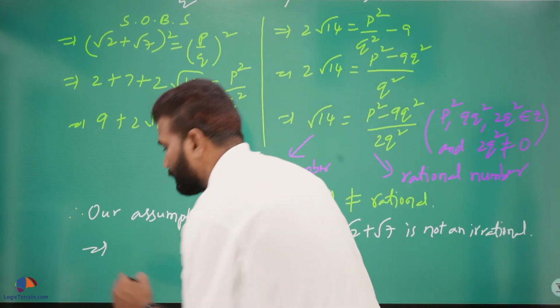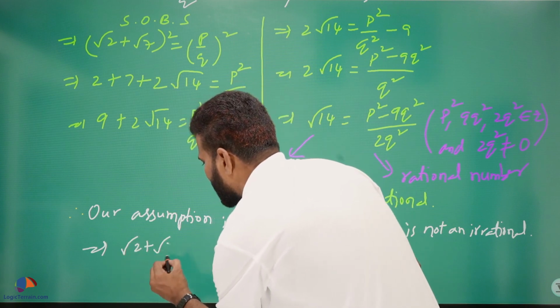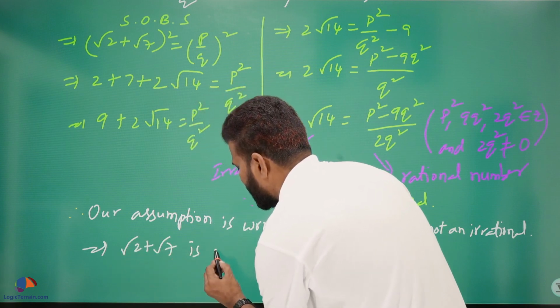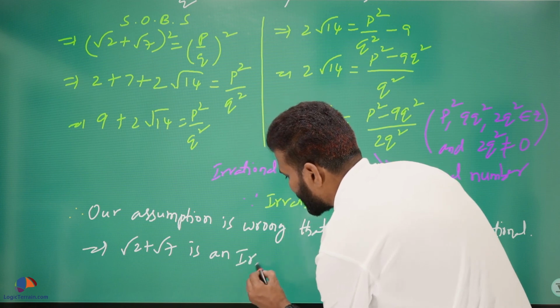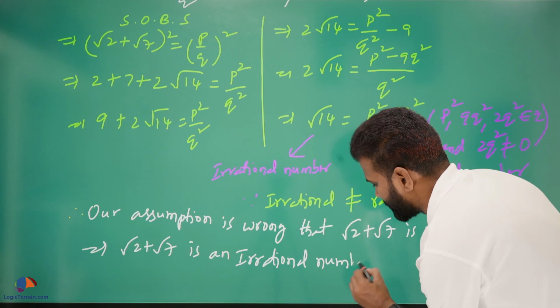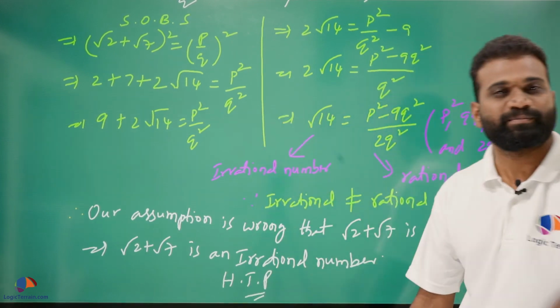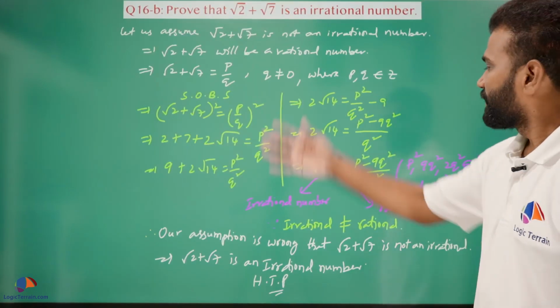Then what can we conclude? Square root 2 plus square root 7 is an irrational number. Hence the proof. Clear? This is it.